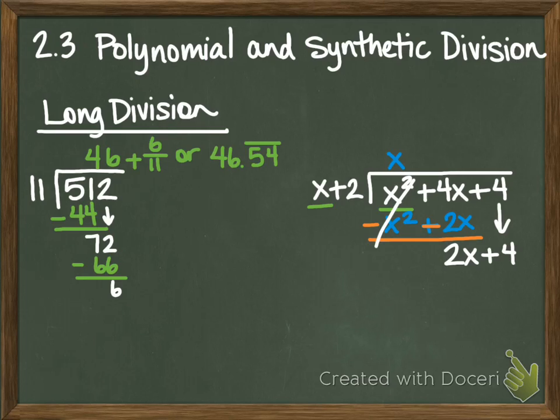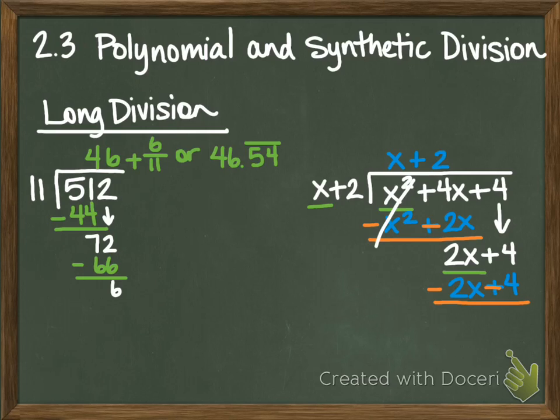Now I want to see how many times x goes into 2x, or x times what equals 2x? Well, that's going to be a 2. So I put a 2 up top. Then I multiply back. 2 times x is 2x. 2 times 2 is 4. We're going to draw the line and change all the signs.